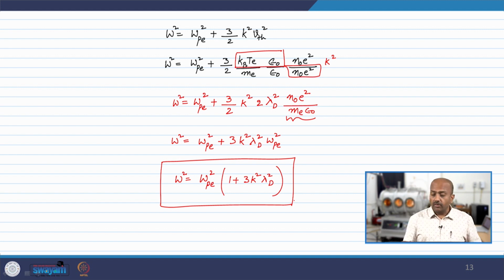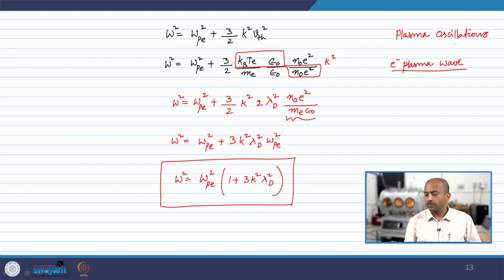So, this wave is called the electron plasma wave. We started from plasma oscillations, which gave a situation Vg equals 0.